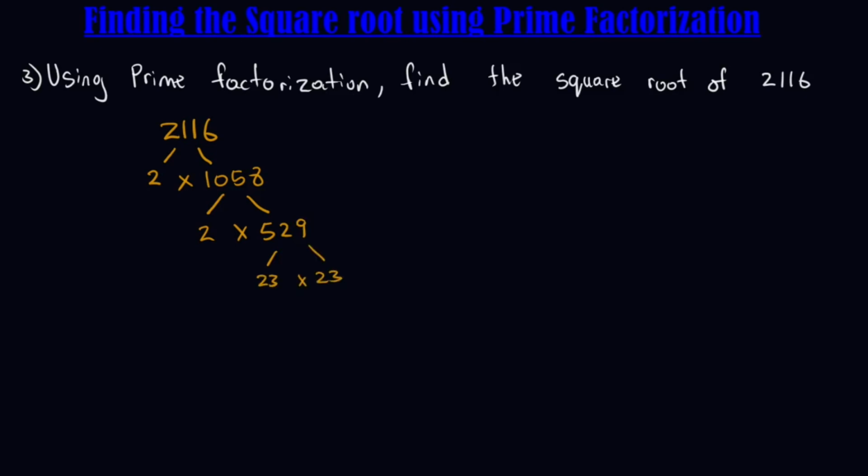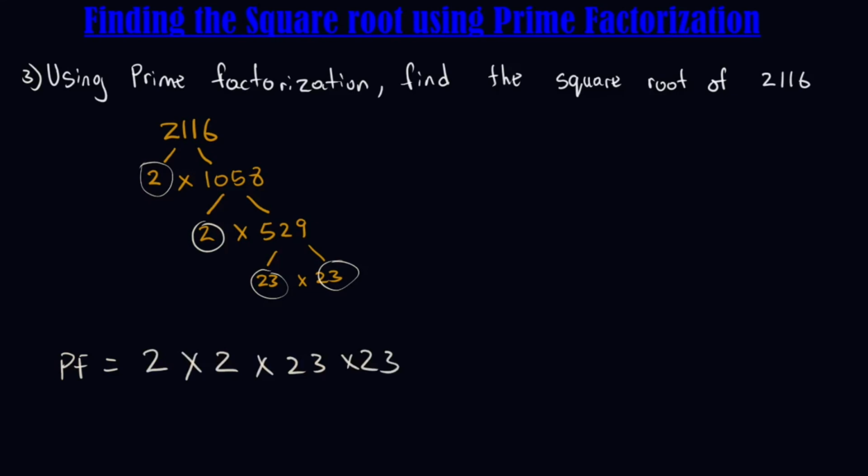Now these 23 cannot be broken down anymore because these are prime numbers. So there we have it. So we have the prime numbers, which are 2, 2, 23, and 23. Therefore, the prime factorization of 2116 is 2 times 2 times 23 times 23.